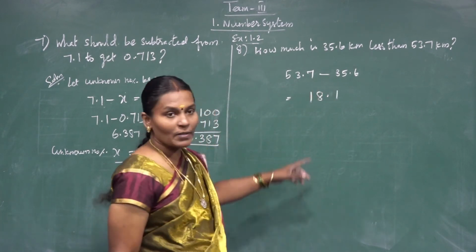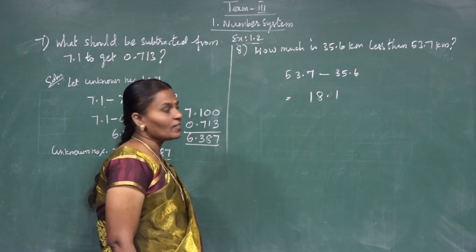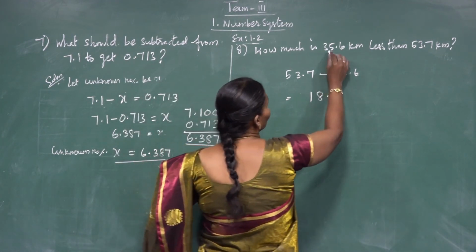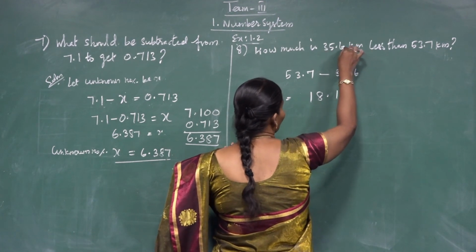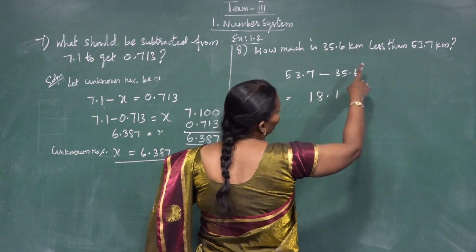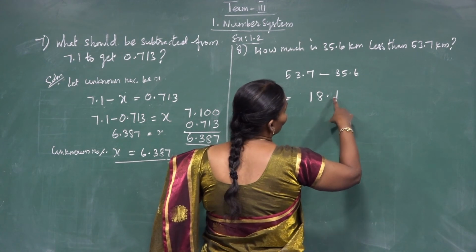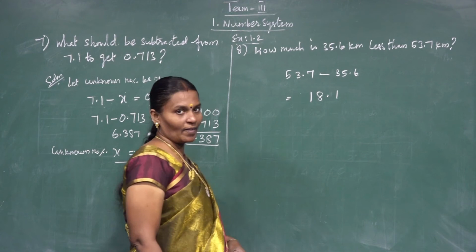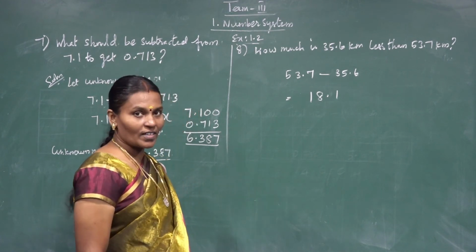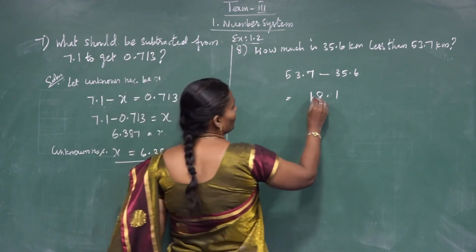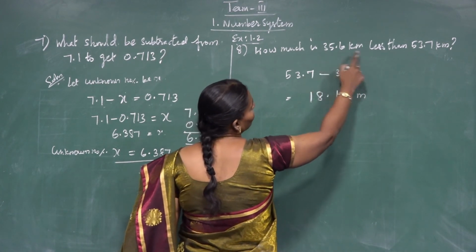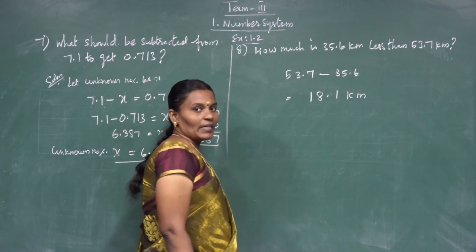So how much is that answer? 18.1. Understand, children? So this 18.1 kilometer is less than the 53.7.